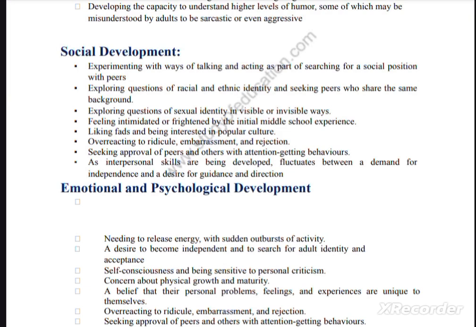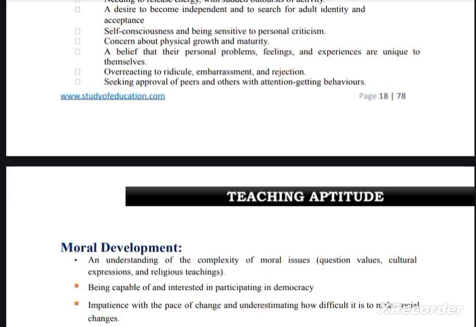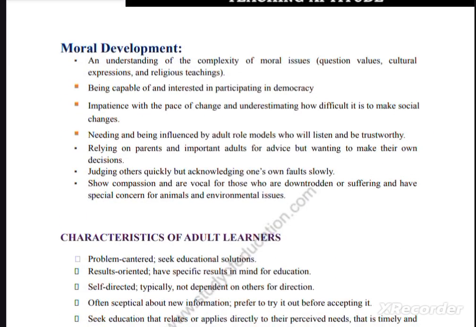Their personal problems, feelings and experiences may influence the emotional and psychological development. Seeking approval of peers and others with attention-getting behaviors may also influence it. So next is moral development.